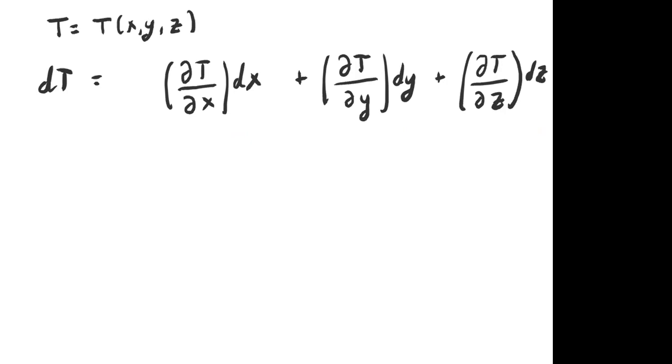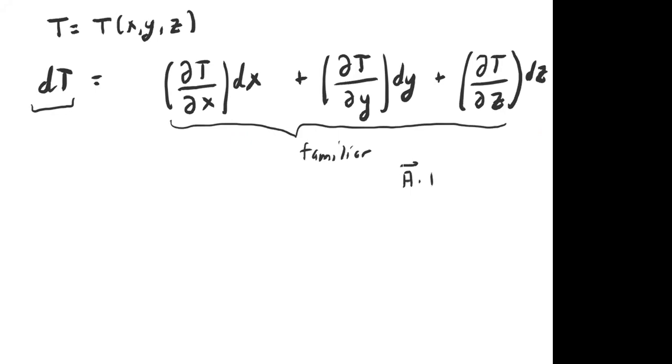So this tells you the change in the temperature in the room. But this guy looks very familiar, possibly. Namely, it almost looks like a dot product. So what do I mean?